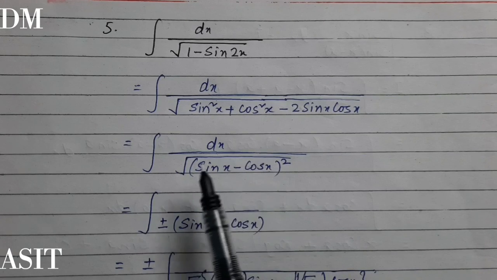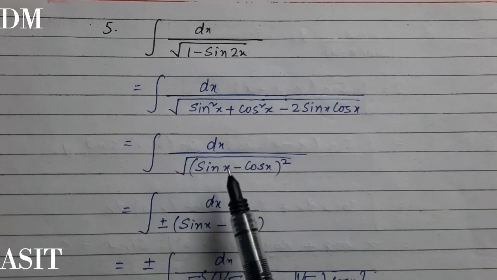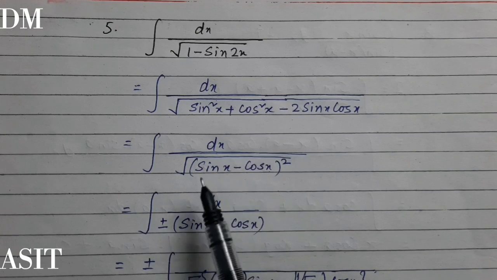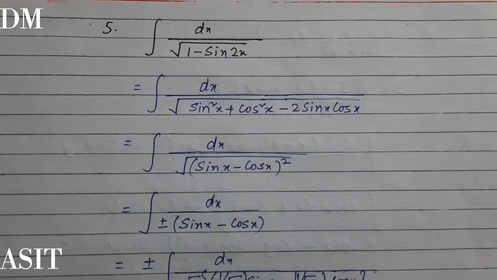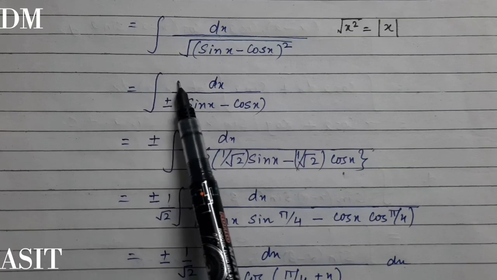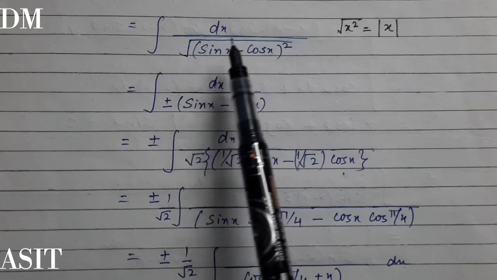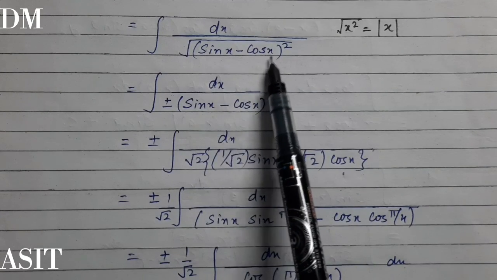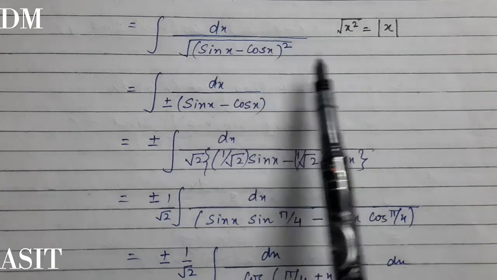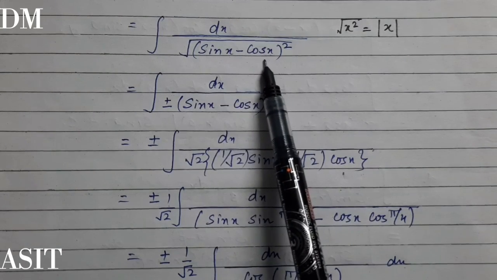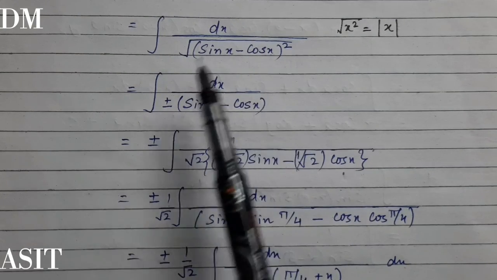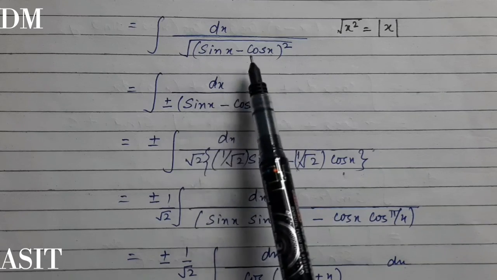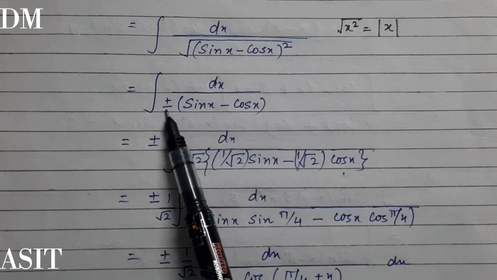Now if we do root over of x square, it will give mod x. So we can write root over of (sine x minus cos x) whole square will be mod of (sine x minus cos x). Now we know that if we remove the mod, there will be a plus minus outside.